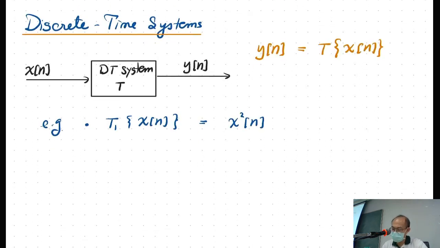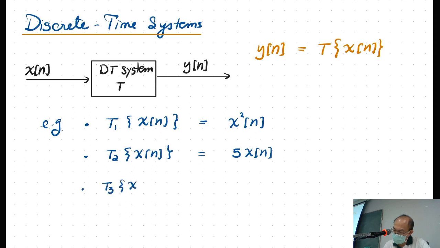So T1 takes the square of the input signal and gives you the square value of the input. Or T2 of x[n] might be equal to 5 x[n].